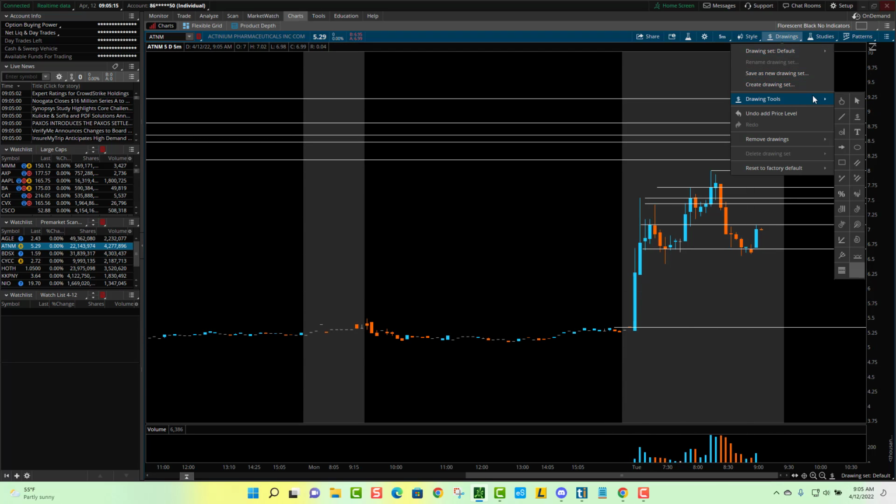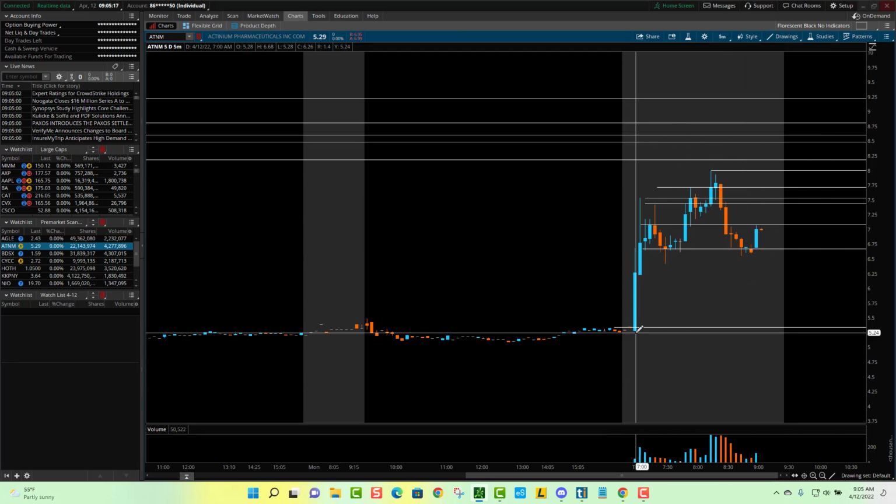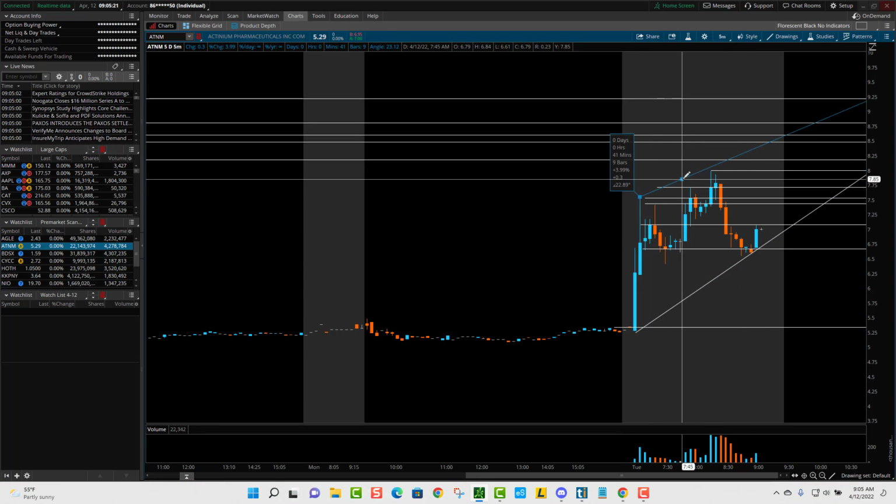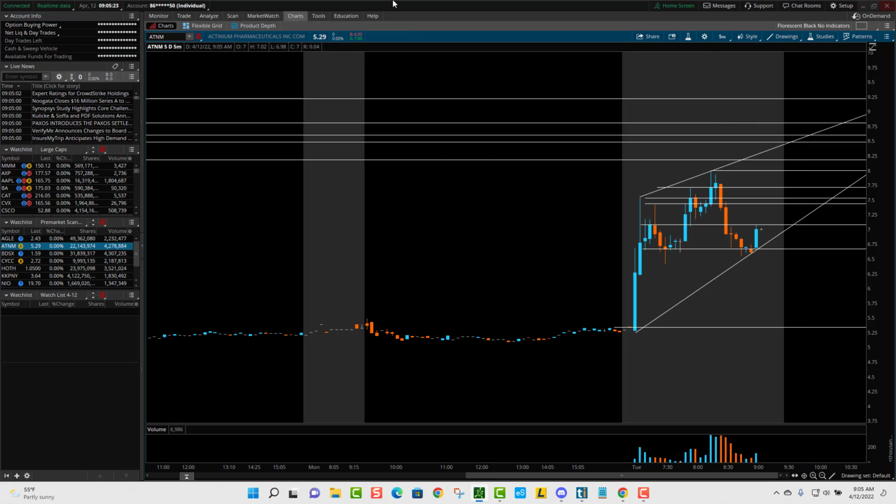Then I would draw my angular support and angular resistance, a rising wedge pattern at the moment. But I'd put this one on watch. If this stock continues to go up, I would look at these levels of resistance right over in here. So I would put down ATNM as one that I would watch.